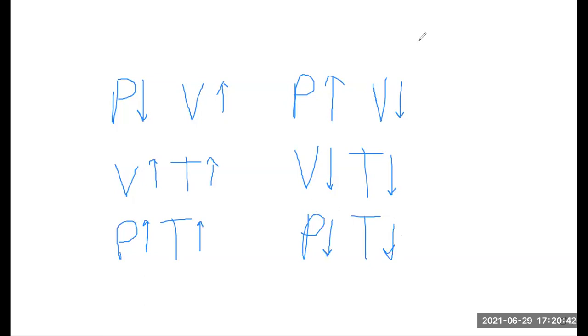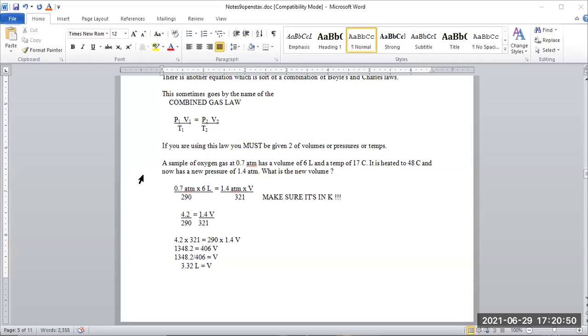Like I said, the downside to the combined gas law is there's not the same level of predictability. So my pressure went up 0.7 to 1.4, but I also increased my temperature.